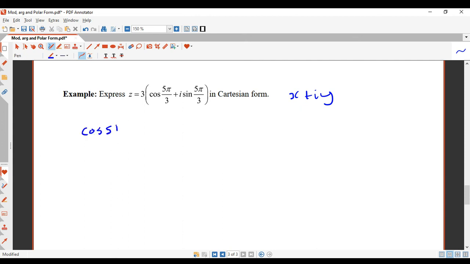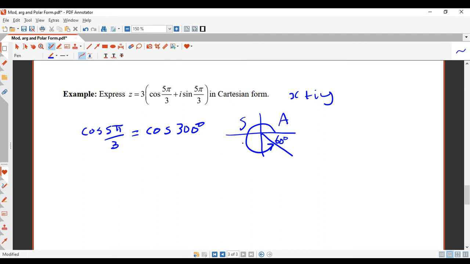Cosine of 5 pi on 3. If you like working in degrees better, you could convert that to degrees. That's cosine of 300 degrees. If you work that out, 300 degrees is down here somewhere. There's your 300 degree angle, which means that's 60 in there, isn't it?